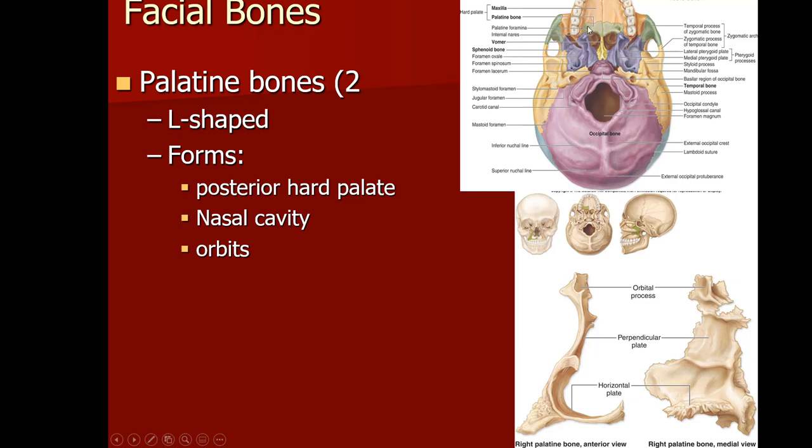In this picture, you're looking at this part, whereas this part would go up, forming the outside of the nasal cavity. So you have to use your imagination in what you're looking at here. But they're L-shaped bones, and they help form the posterior part of the hard palate, or the roof of the mouth.